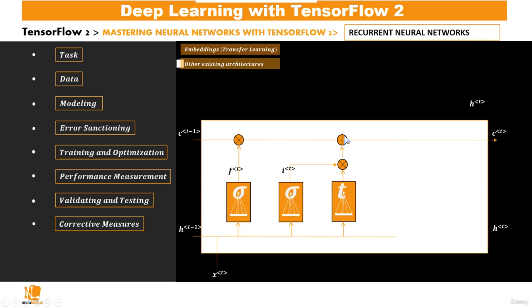So by having this pointwise addition, we are capable of adding information into our cell state. And with this, we obtain the current cell state from the previous cell state. So this shows us how we use the forget and the input gates to manipulate the kind of information we have in this cell state.